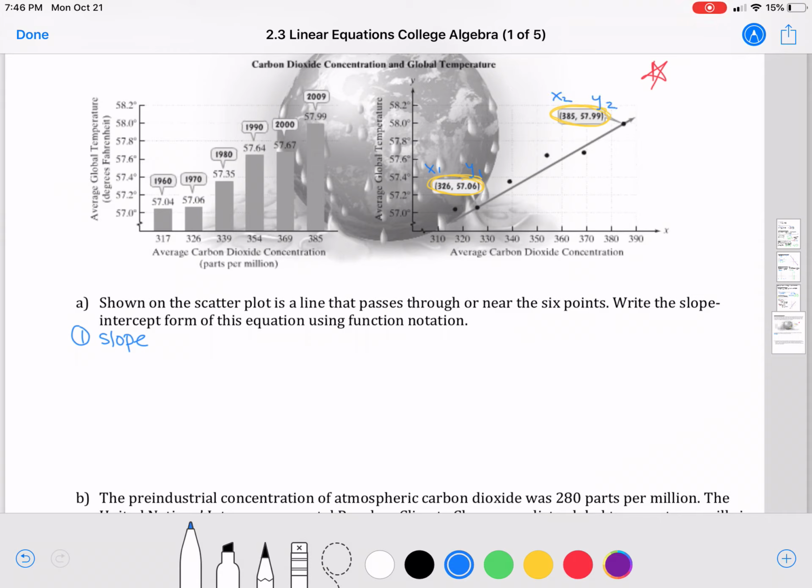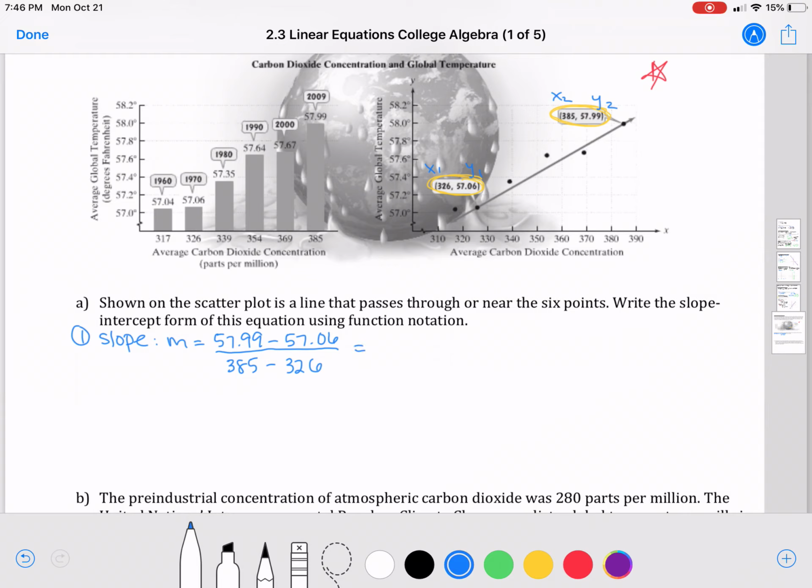If we plug into our slope formula, we have m equals y2, 57.99 minus 57.06, all divided by 385 minus 326.